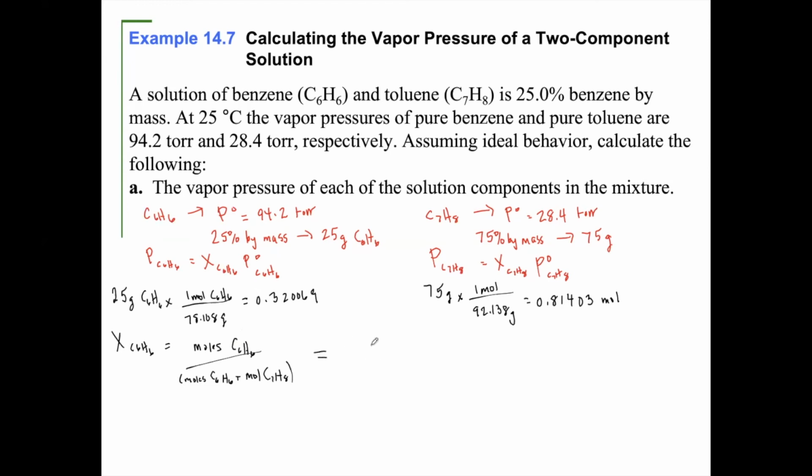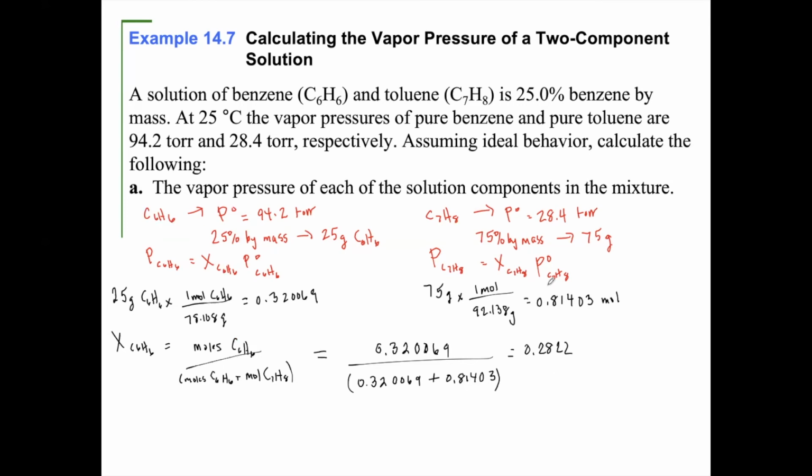Okay, so 0.32069 moles of benzene divided by the total moles, 0.2822.